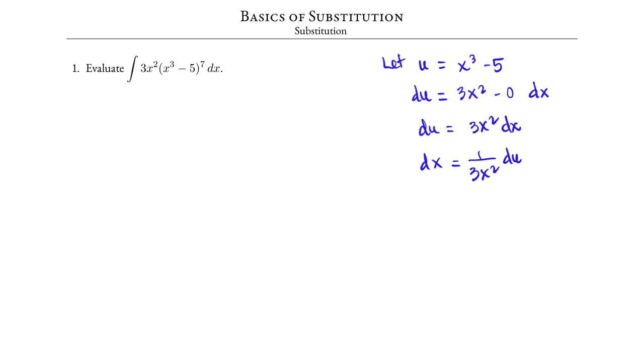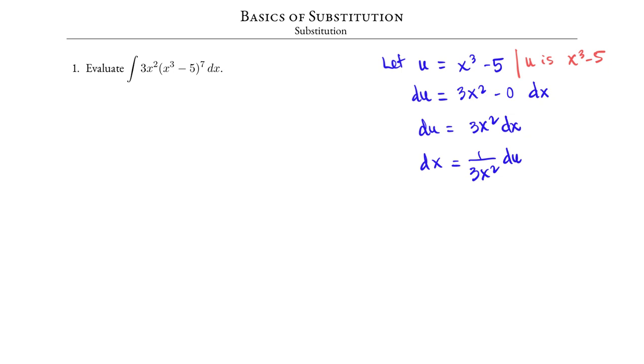Observe now that instead of evaluating the given integral in terms of x, we will replace dx with 1 over 3x squared du, and we will replace x cubed minus 5 with u. Specifically, when we write u equals x cubed minus 5, what we're saying is that u is x cubed minus 5.